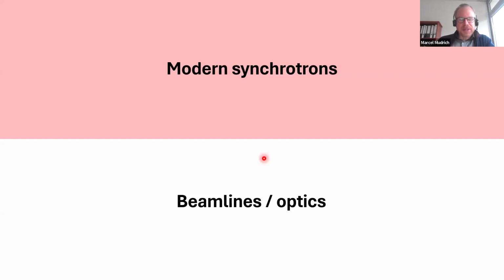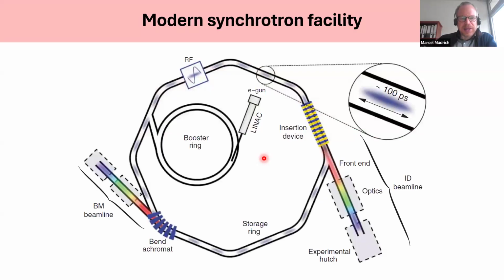So today's lecture is mainly focused on beamlines and beamline optics. This diagram or this representation we have seen last time already. It nicely summarizes the most important components that make up a modern synchrotron. Last time we basically followed the path of the electrons, starting from the electron gun, where the electron beam is produced, going through some accelerator stage.